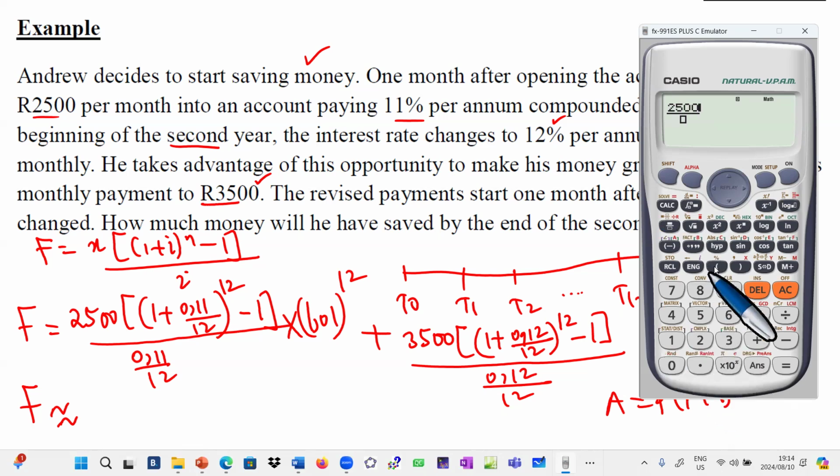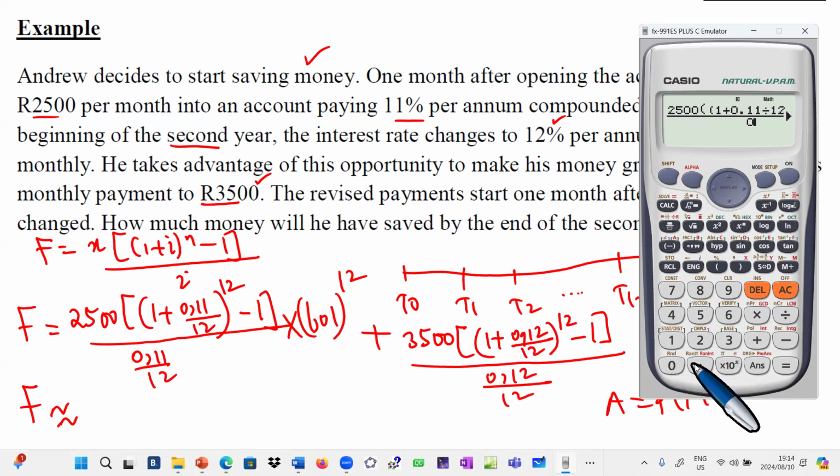2,500. Open bracket, 1 plus 0.11, you divide by 12. Close bracket, to the power 12, minus 1. Close bracket.